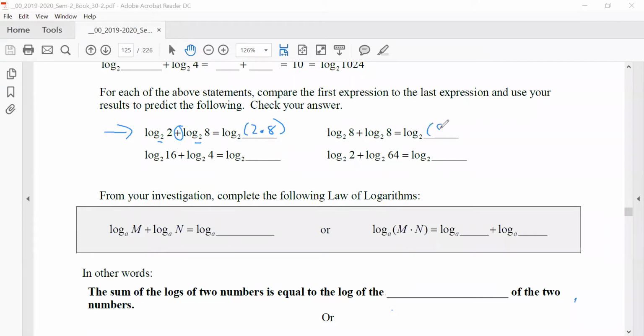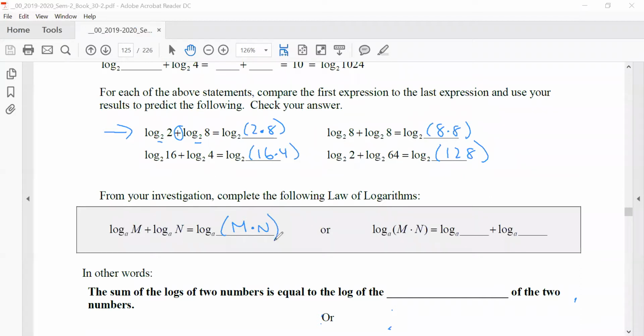The next one would be 8 times 8, as long as the bases are the same. The one here would be 16 times 4. The next one would be 2 times 64, which is 128. So again, their goal, these two mathematicians, was to turn multiplication into addition.